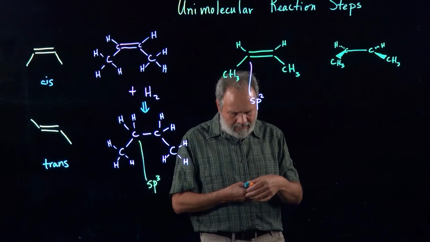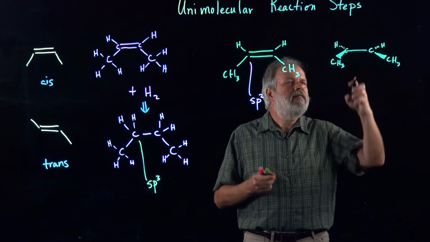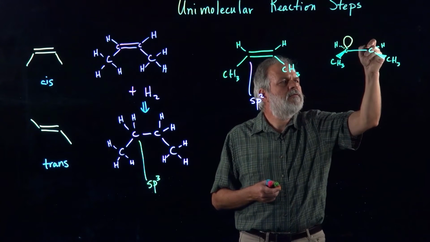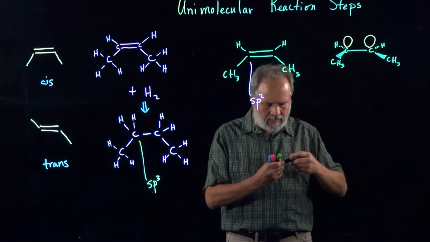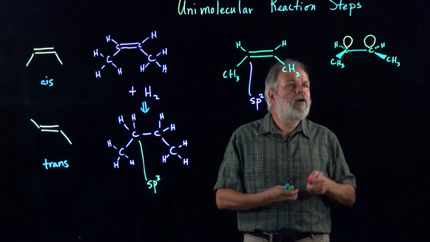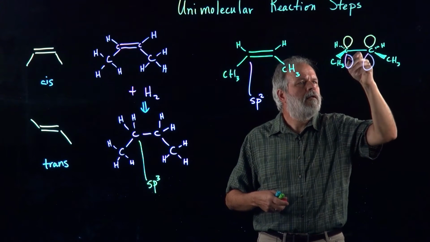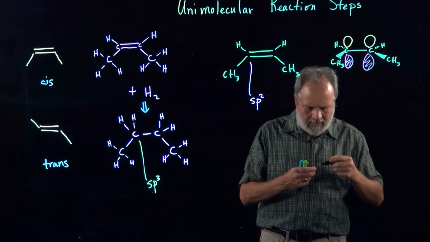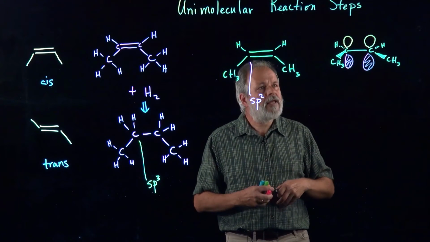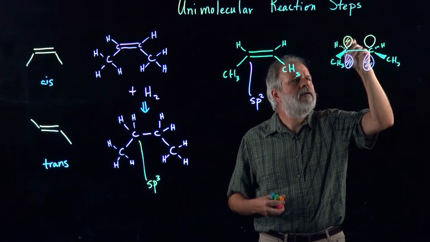All right, and so now there is the remaining p orbital, and we'll call that a pi bond. Okay, and so a pi bond is an overlap of 2 p orbitals like that.